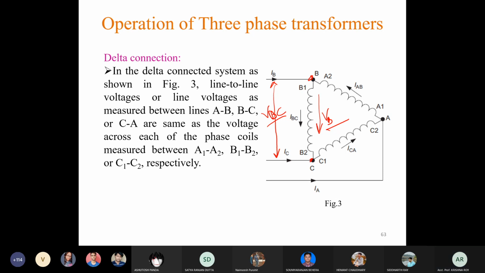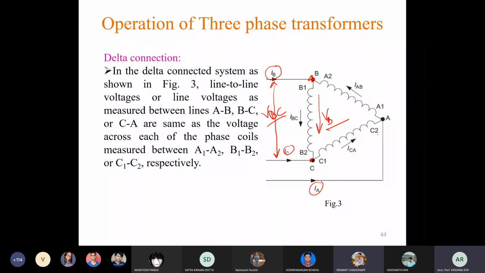But the line currents are IB, IC and IA. But consider this point here, this IB is entering and getting divided into two components. One is IBC, that is this terminal. So this current is flowing from B to C, and here the current is IAB, which is entering.